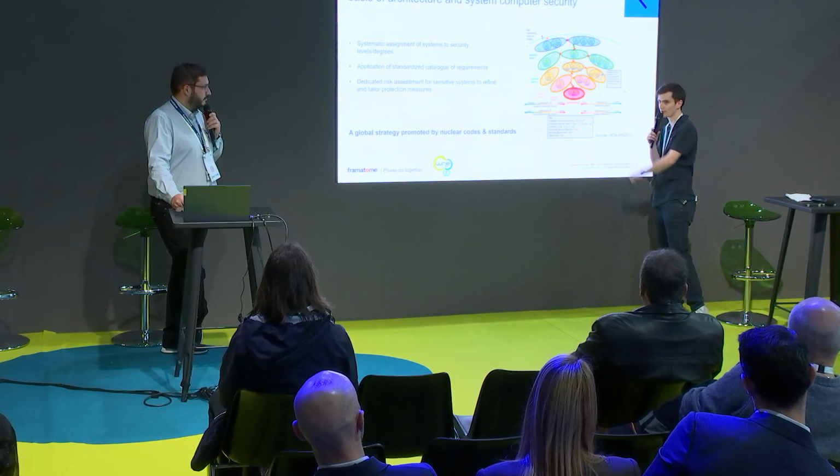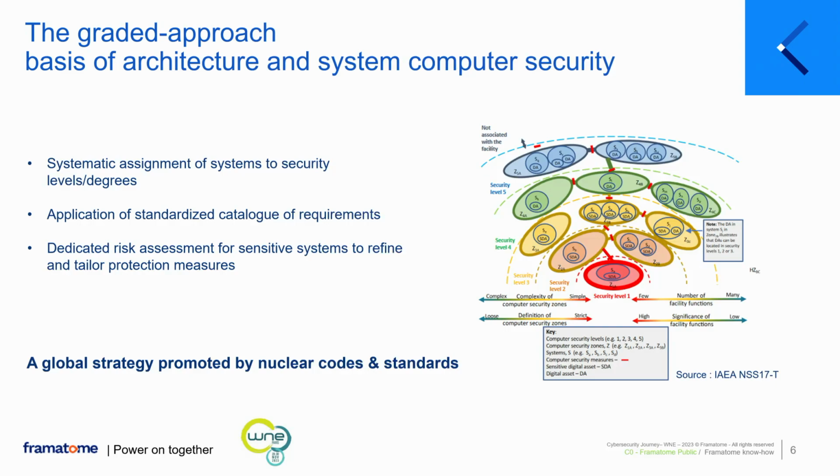And for the most critical systems, typically those at the center of the diagram, this can be complemented by a risk management approach, a risk assessment, so that measures can be tailored very specifically to the needs, and so that the operator, the risk owner, may have a good view of what the residual risk is, how to mitigate it from a technical view and also from an organizational point of view, so that in the end the operator is able to approve and manage this residual risk.